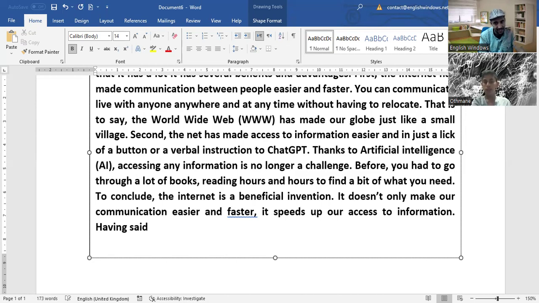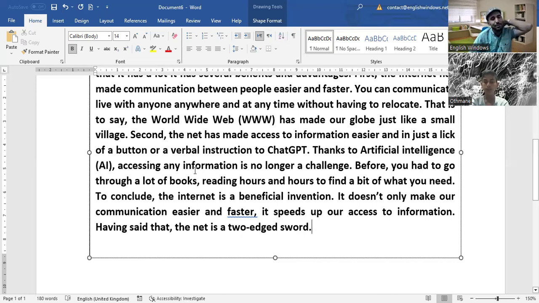Internet has also part of the internet, right? Disadvantages. We can say the net is a tool, two-edged sword. You know what two-edged sword?